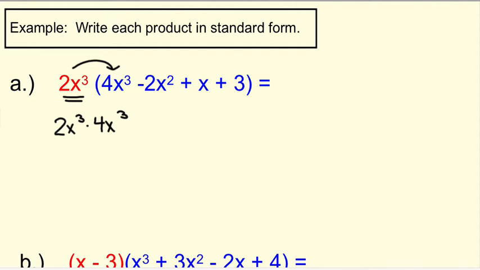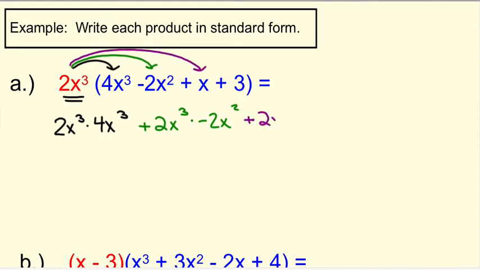Then I'm going to take 2x cubed and multiply it by negative 2x squared. Then I'm going to do it again. Continue through: 2x cubed times x. And then the last one, 2x cubed times 3.